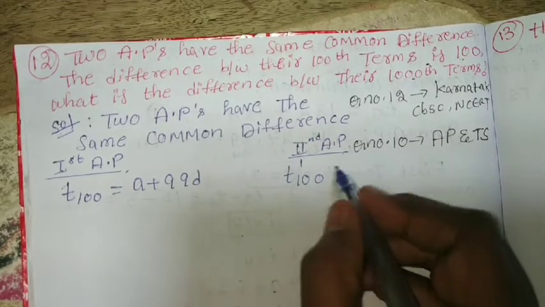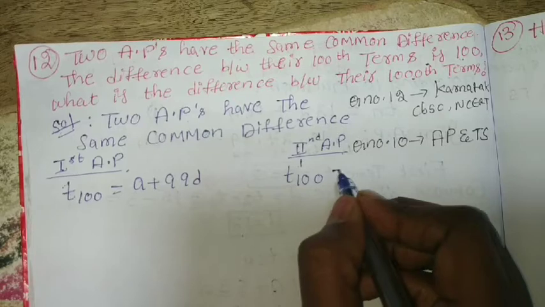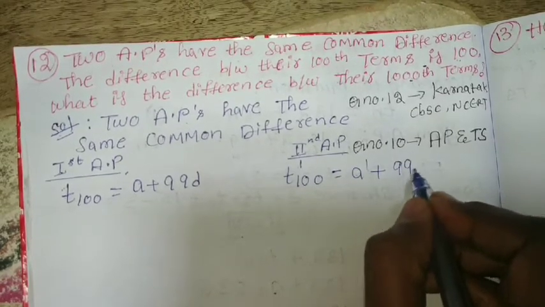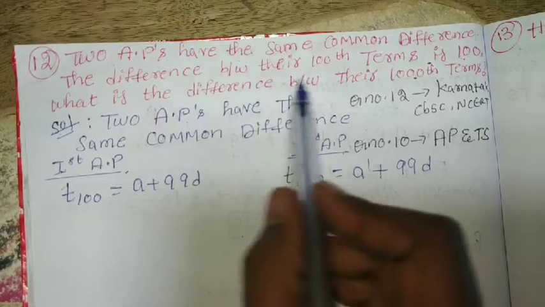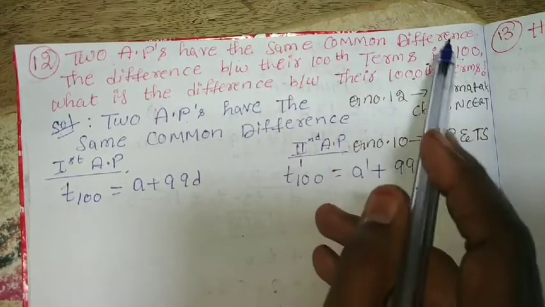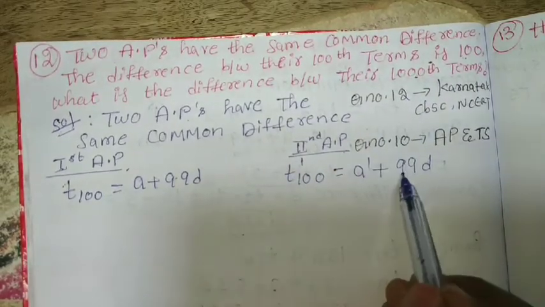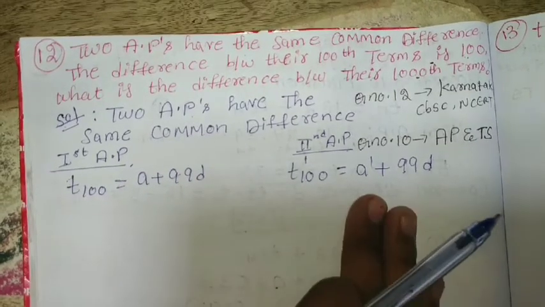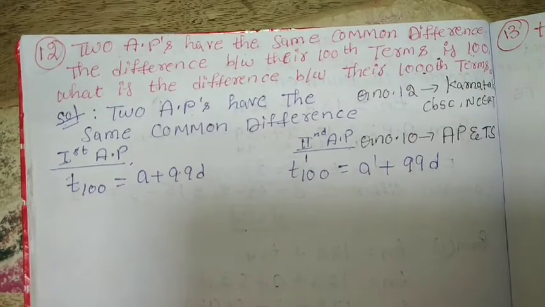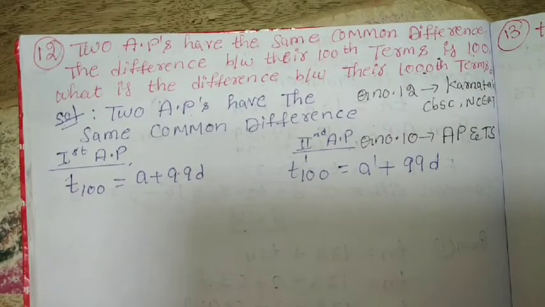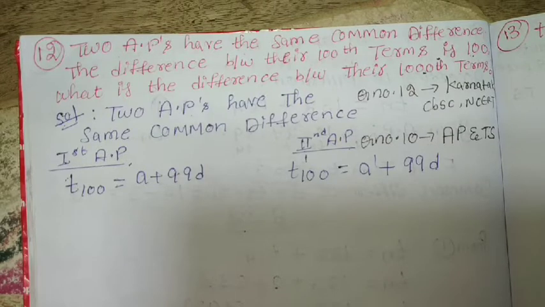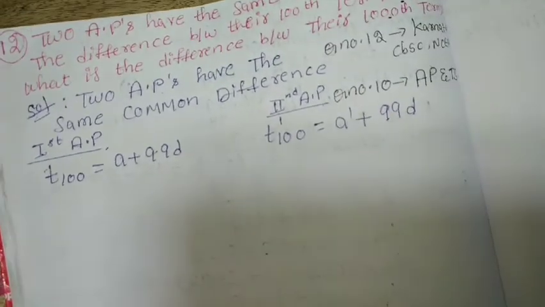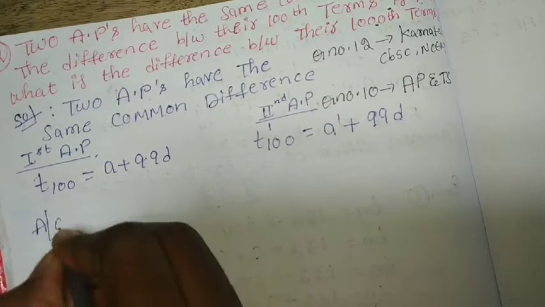T dash 100th term is equal to A dash plus... See here, we cannot write 99D dash, because they have given the same common difference, so 99D and 99D are the same in those two arithmetic progressions. Okay. And the remaining are all different terms. So how can you write? According to condition, you can write here.